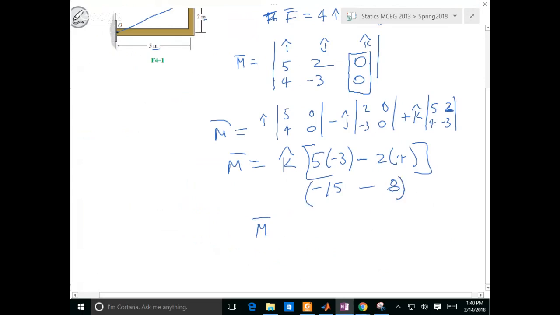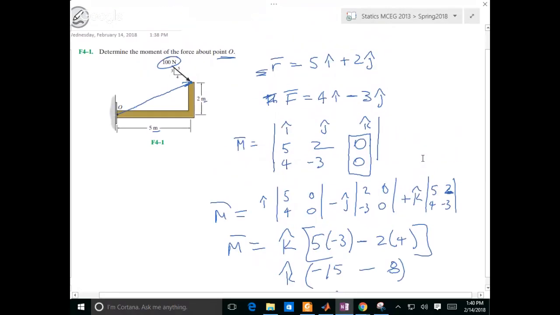So, it's supposed to be times K. What is that? Minus 23K. Now, first of all, the minus 23. If you look at it, here's X, here's Y. This is in the plus direction.